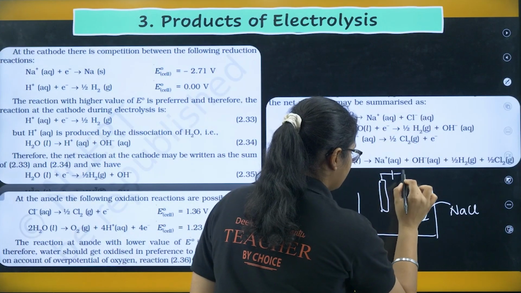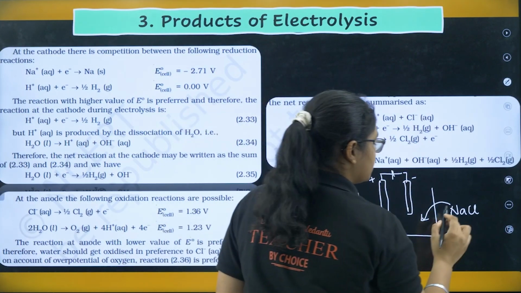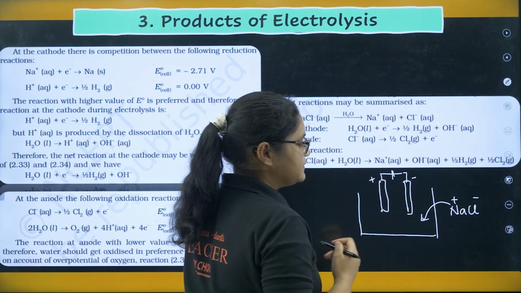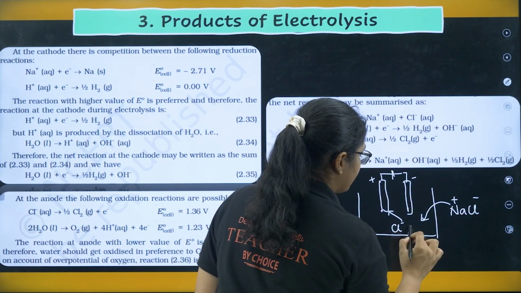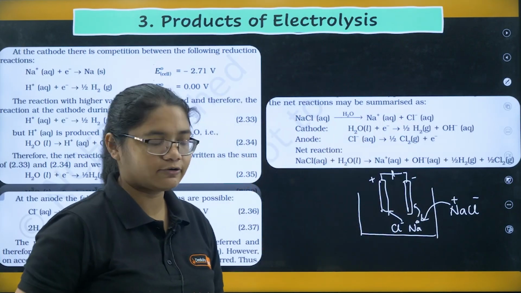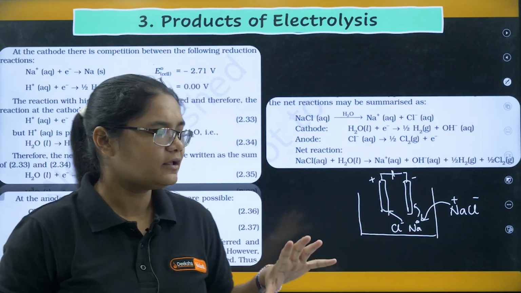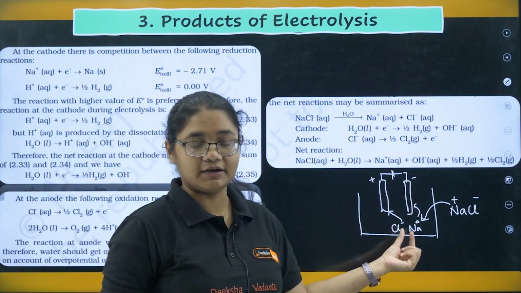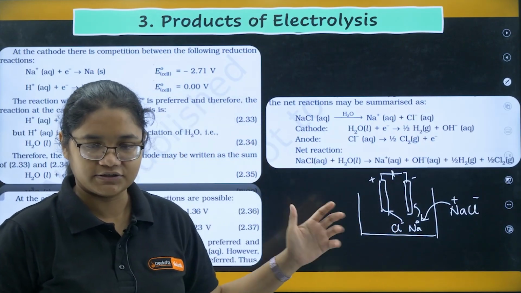I'll connect it, this is plus, this is minus. Now here I have Na plus and Cl minus ions. So Cl minus will move to this side and Na plus will move to this side, right? Positive ions will move to the negative electrode, negative ions will move towards the positive electrode. And here Na plus at the cathode will undergo reduction. Here chlorine will undergo oxidation at the anode.